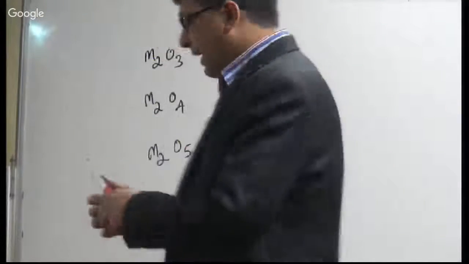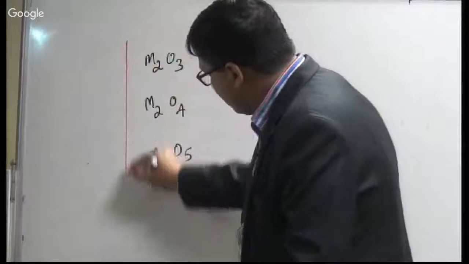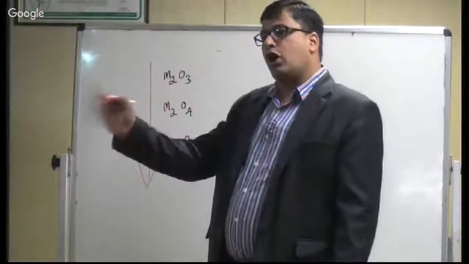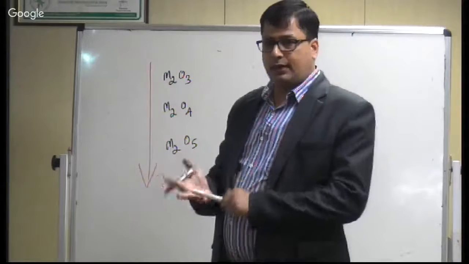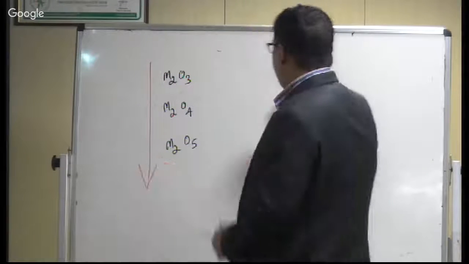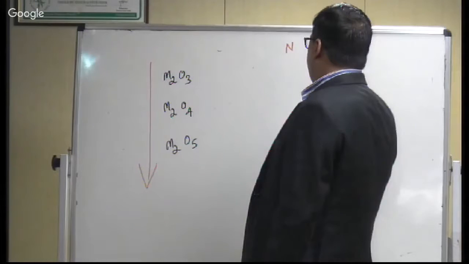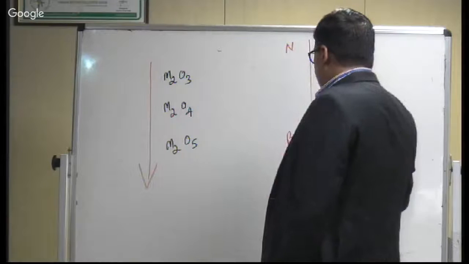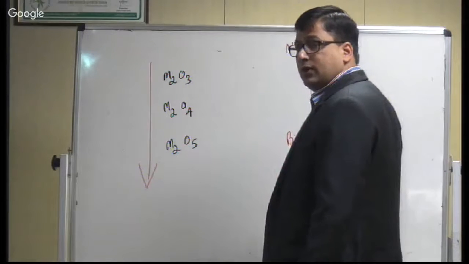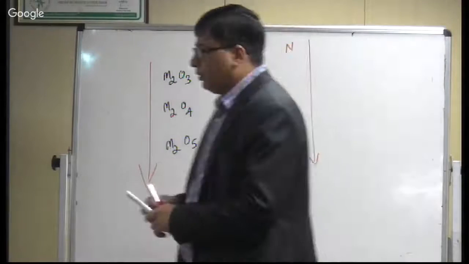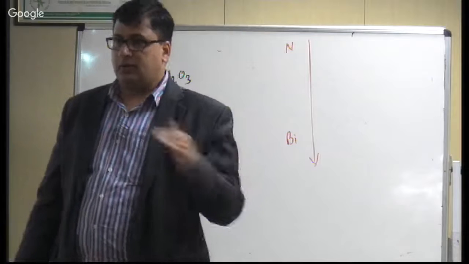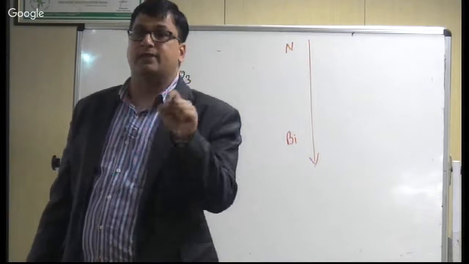Always remember that as you move in this direction, the acidic strength of oxide increases for all metals. Nitrogen, phosphorus, bismuth. From nitrogen to bismuth, in this direction, acidic strength increases. Any doubt? But if you move on from nitrogen to bismuth, the acidic strength decreases.